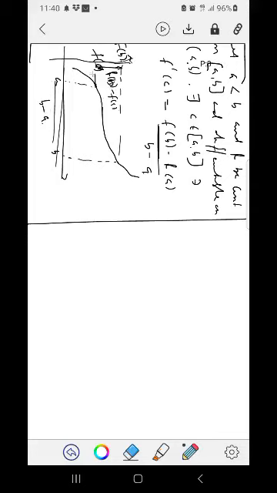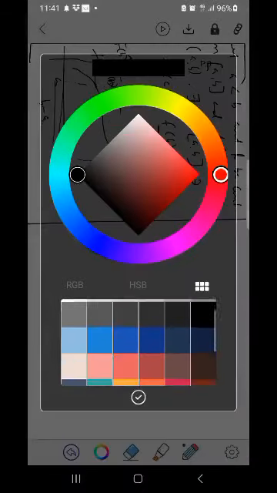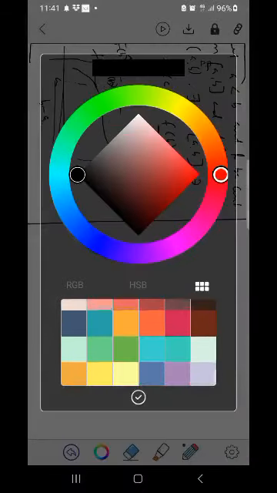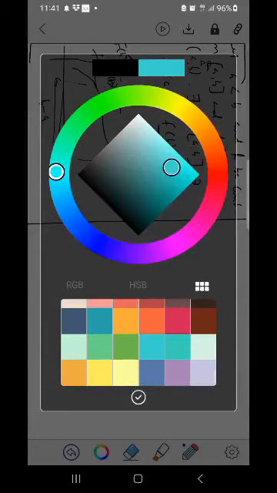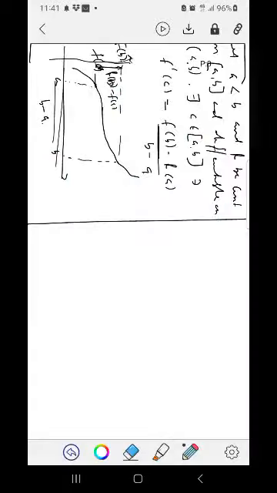Now, if we draw a straight line between the two points on the curve, let me pick a different color so as to make it more attractive. Let me try this one. I've not used this one before.